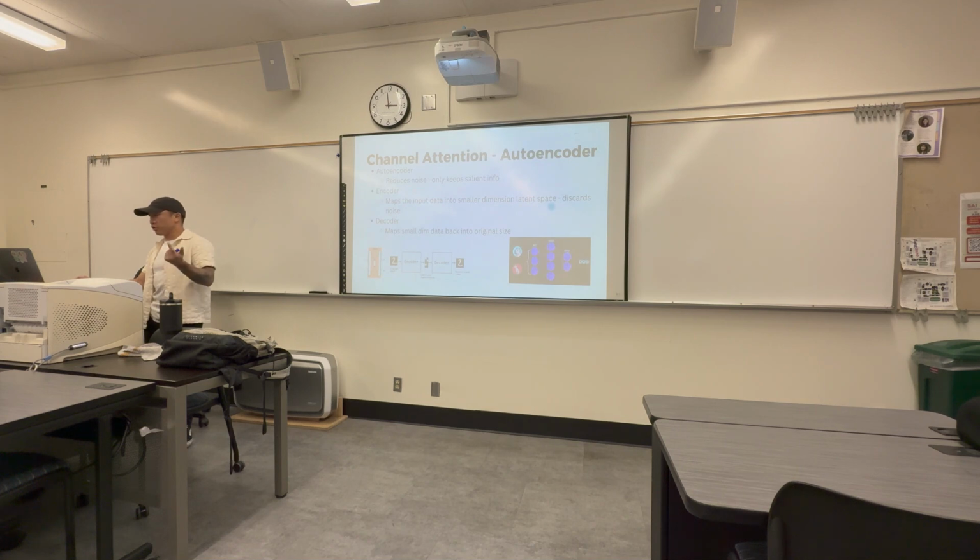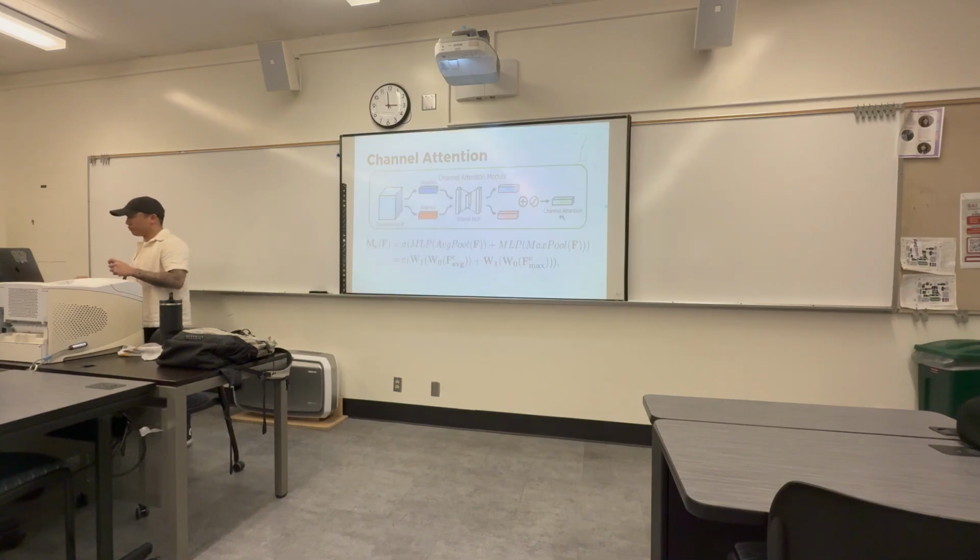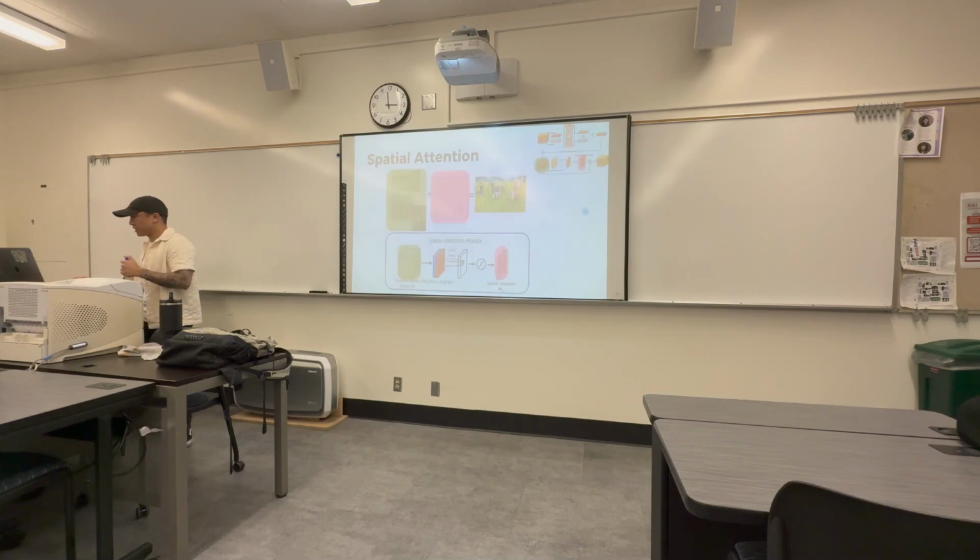By doing so, you are reducing the noise and keeping only the important information. But yes, it is technically a hidden layer. So, let's take a break, and then when we come back, we will discuss the spatial attention.